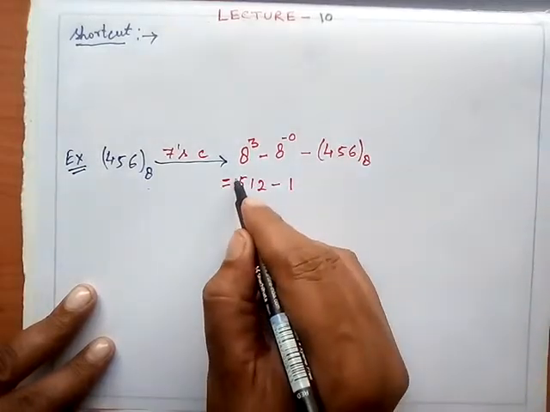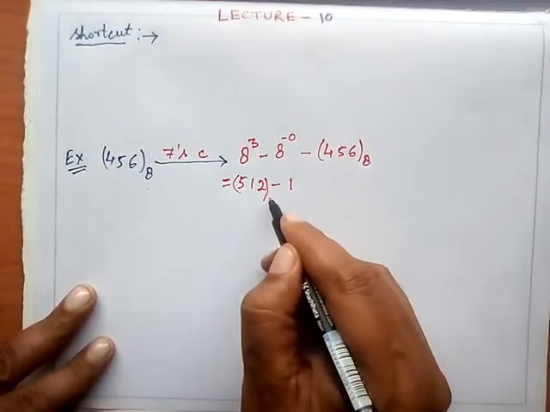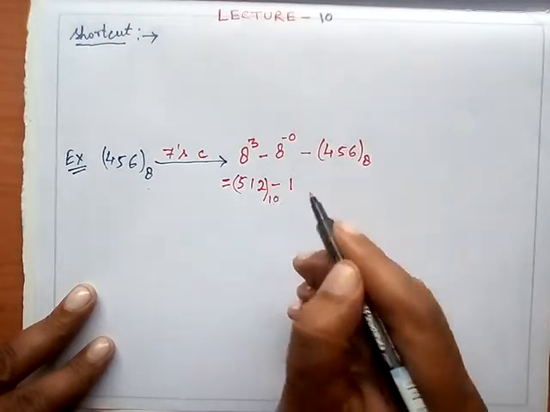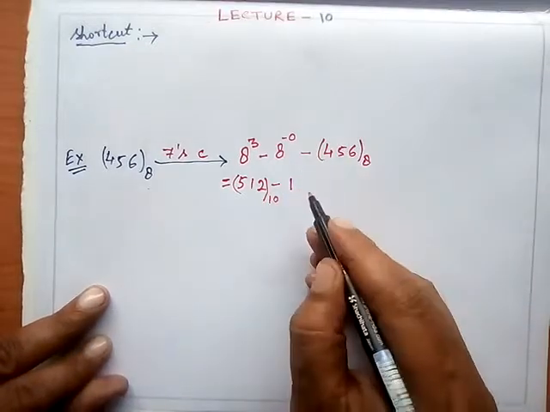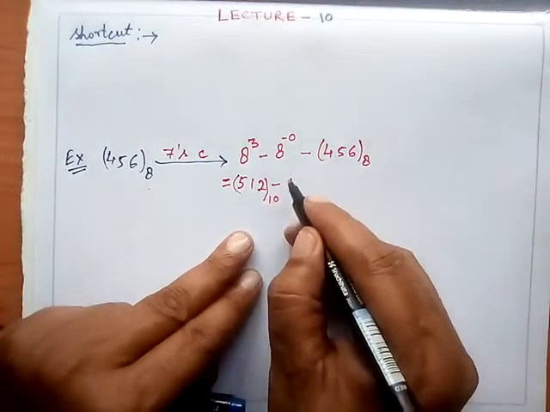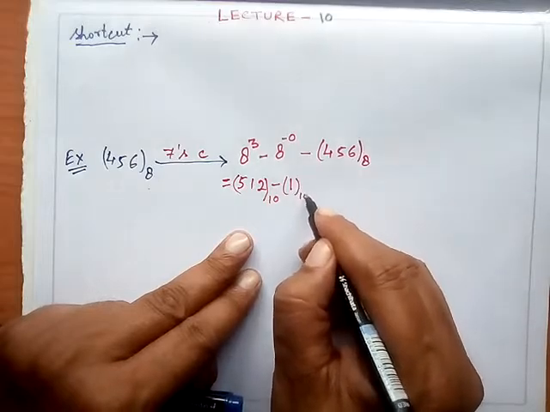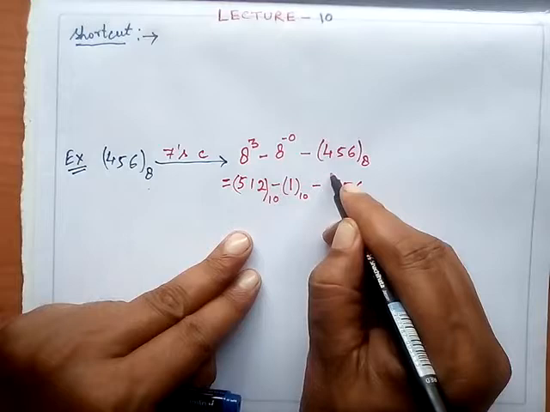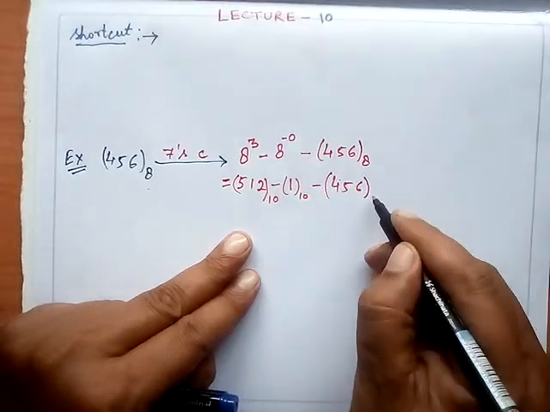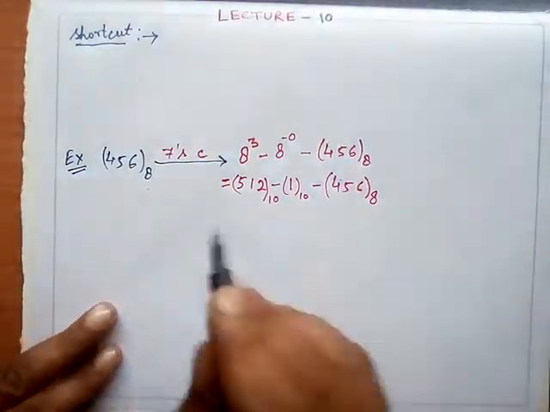Remember that this 512 is in base 10. This one, of course, in base 10 or in base 8, is the same. Minus 456 in base 8. I hope that this is clear to you.